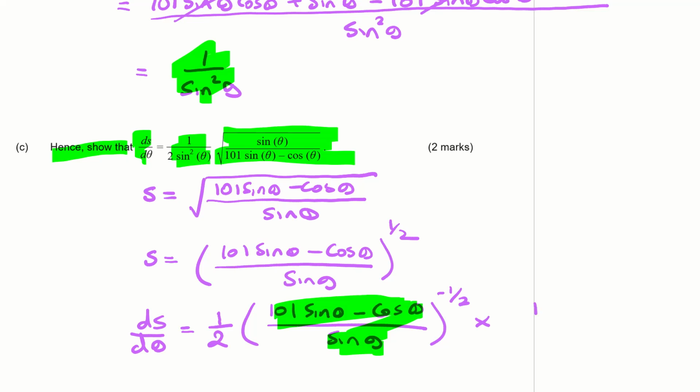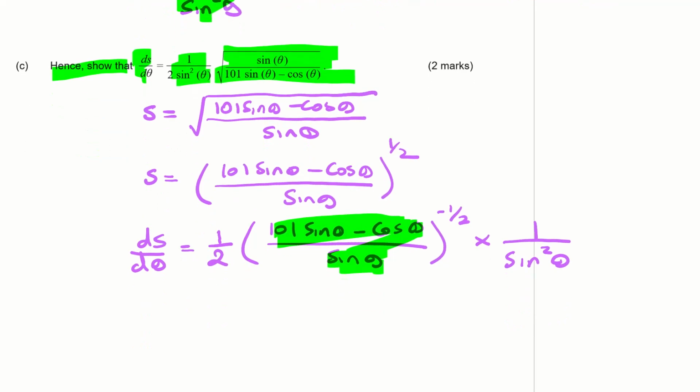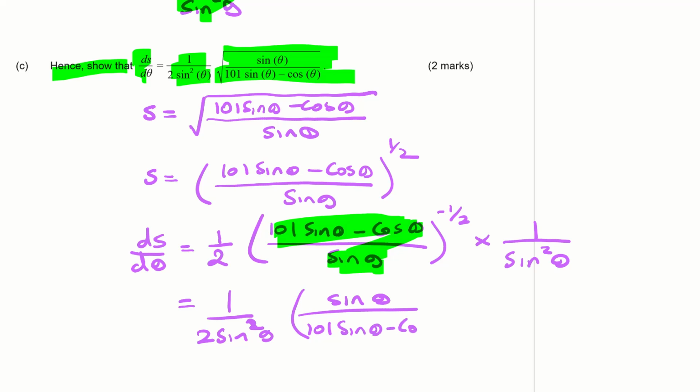So that will be 1 over sine squared theta, and then just bring that over to there. Remember, we're multiplying all this together. And that is going to give me sine theta over (101 sine theta minus cos theta) to the half.